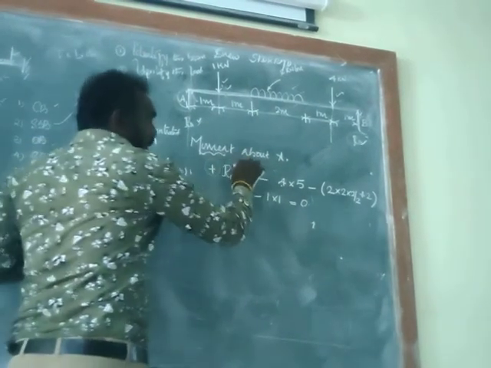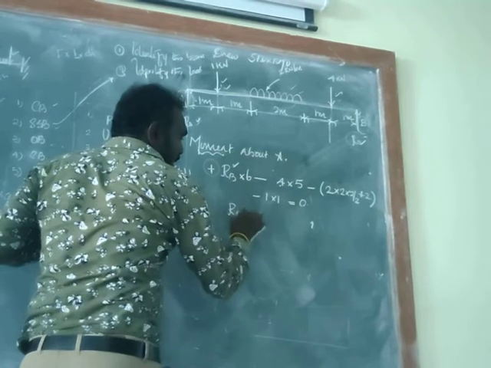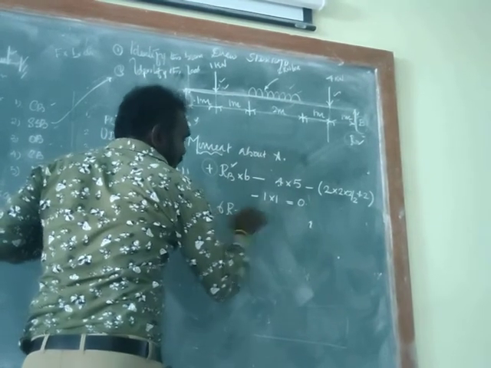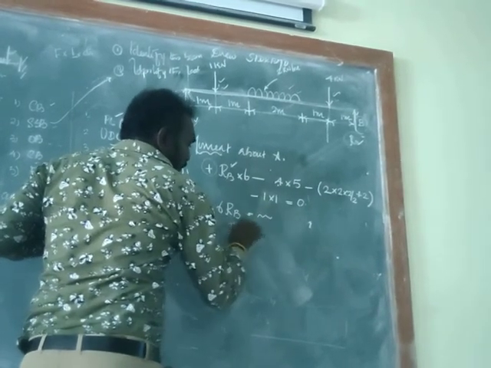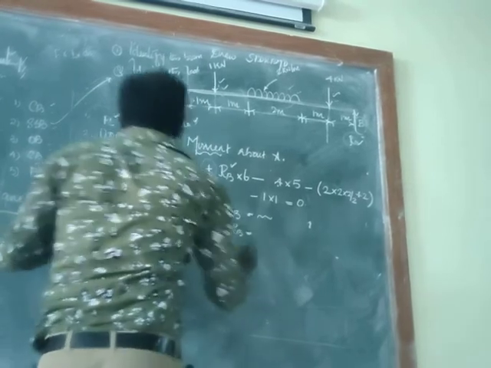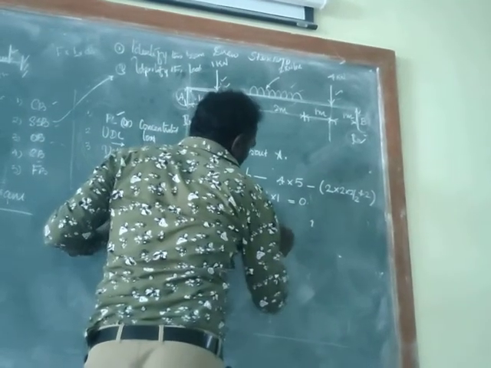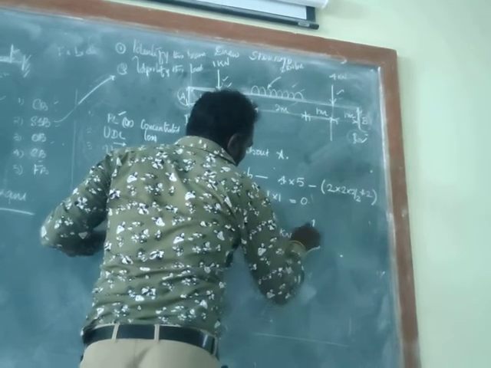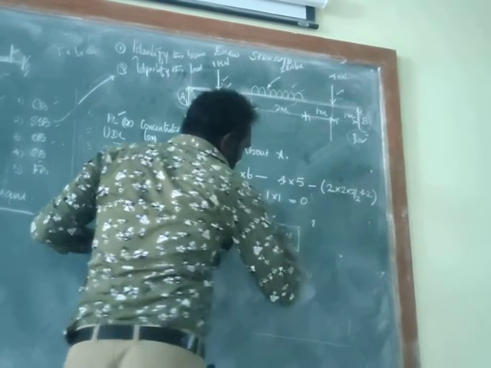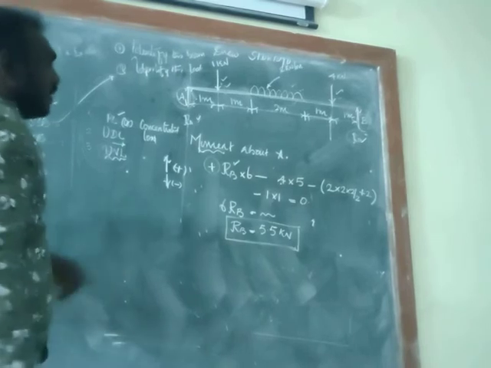Here only one unknown is there, RB. 6 RB is equal to some value. From the equation, RB is equal to 5.5 kilonewton. One more reaction is there, RA.